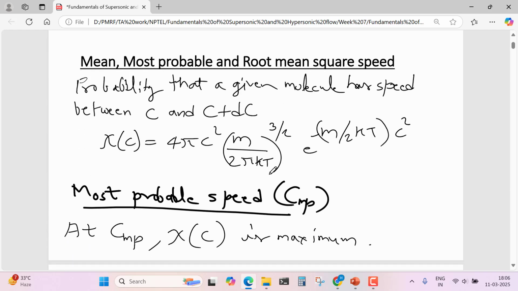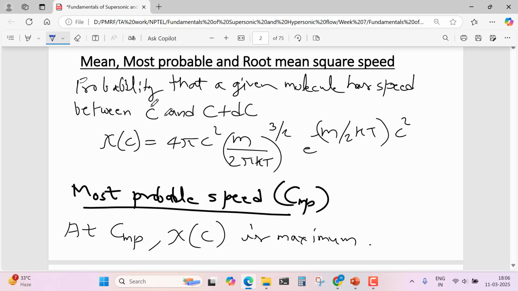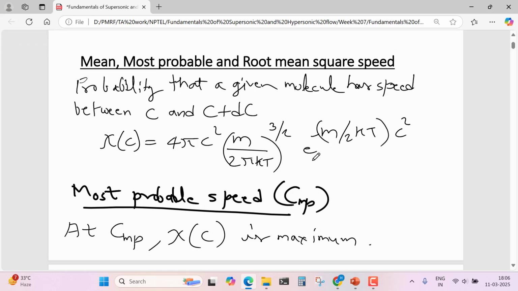There were some relations mentioned in the lectures, like mean velocity, most probable velocity, and root mean square speed. Some of these were derived using the kinetic theory of gases, but we will derive them using the Maxwell distribution.